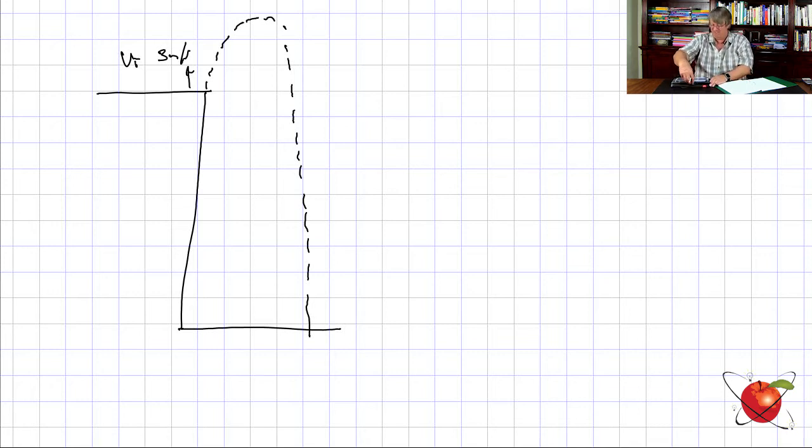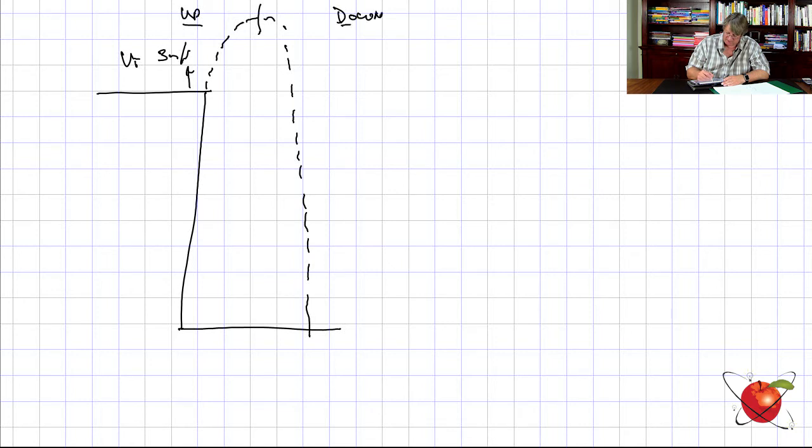It's going to come down, right? So now I say, okay, this is what's happening. This is up, this is down, all right? A person is standing 10 meters away, running at 3 meters per second to catch the ball. Will he or she be able to catch it?